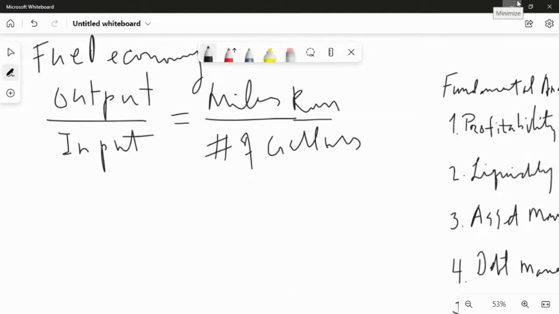Even a 60-ton Abrams tank would get maybe 2 miles per gallon. Compared to that, a hybrid car would get at least 50 miles per gallon.